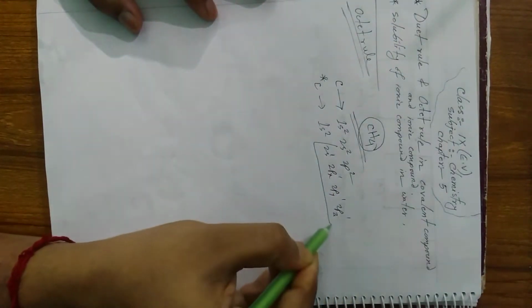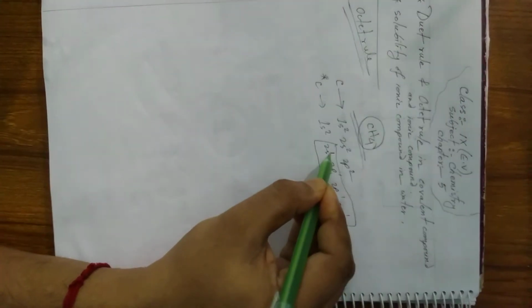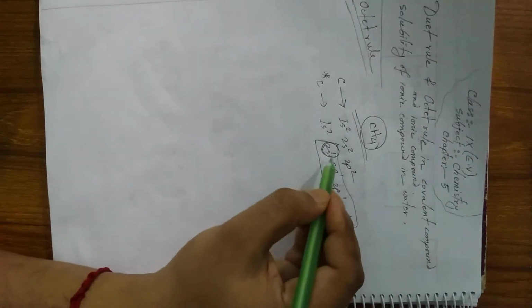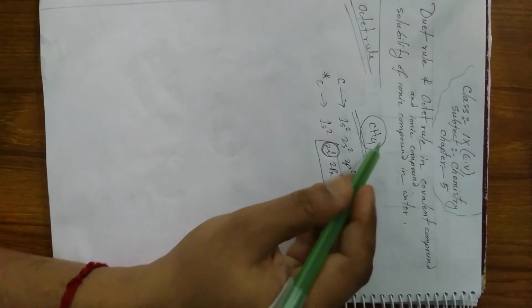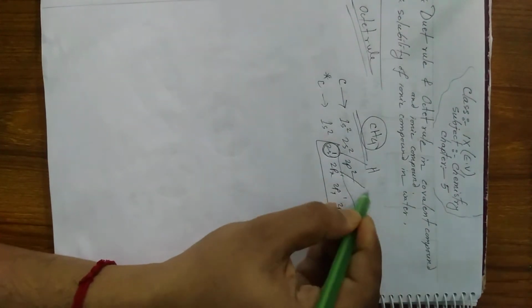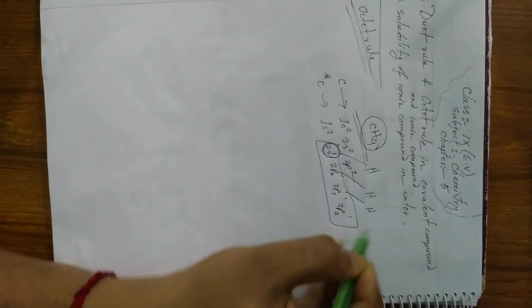So this is the valence shell or last orbit. With these single or unpaired electrons, 4 hydrogens can be attached. By this, CH4 is formed.